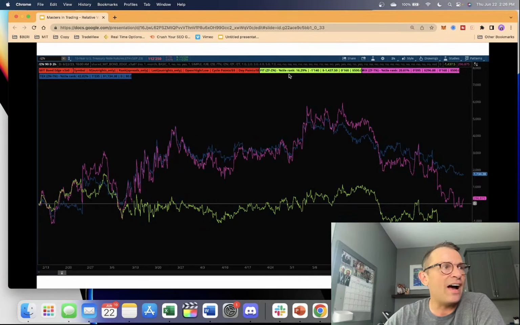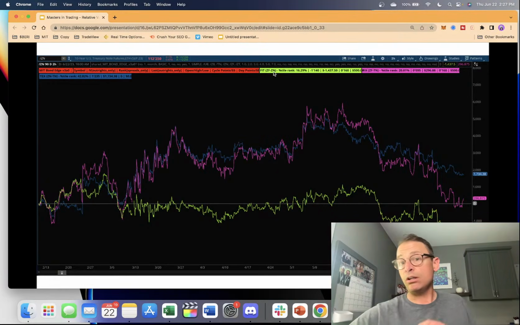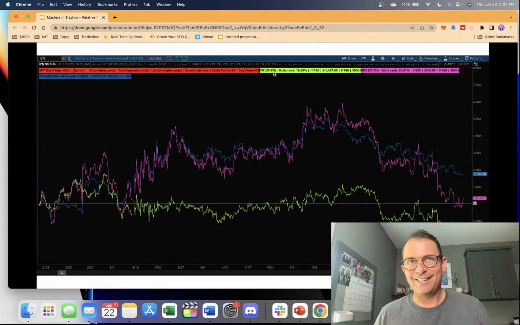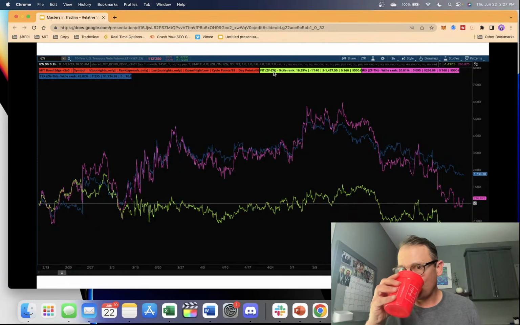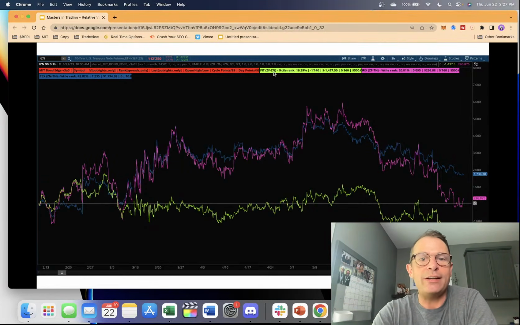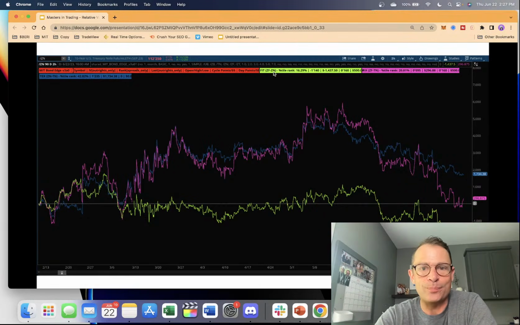So ZF is 5s. ZN is the 10-year future, which is really like a 7-year cash instrument. The ZN is a 7-year. The TN is closer to a 10-year. Okay? So what this is showing is the 5-year ZF against, let's call it 7 years of duration, the ZN.